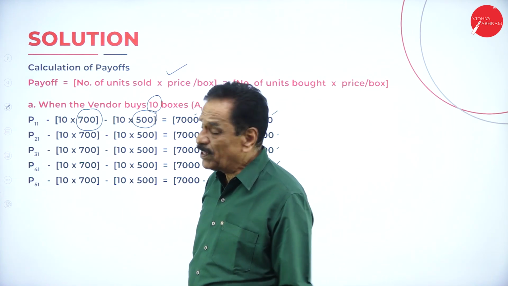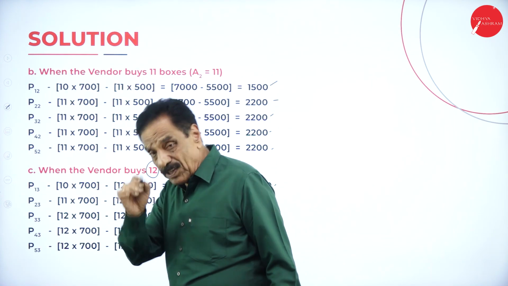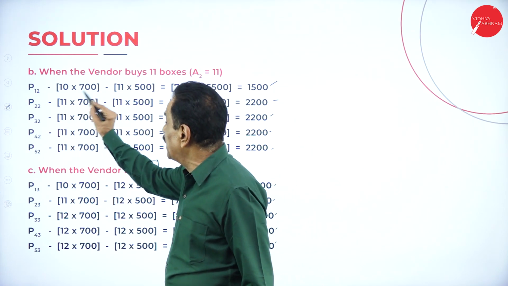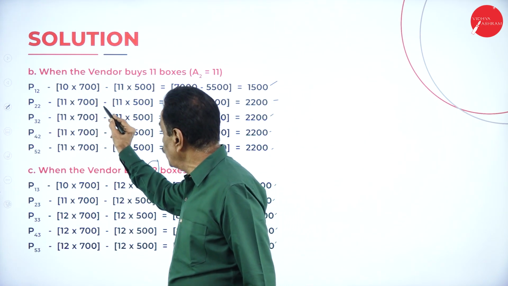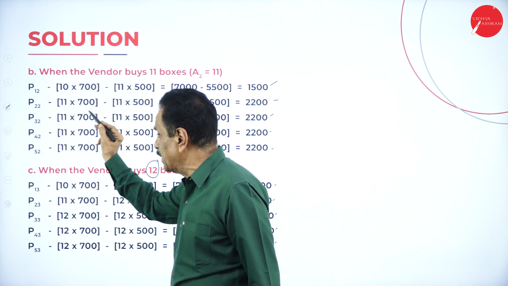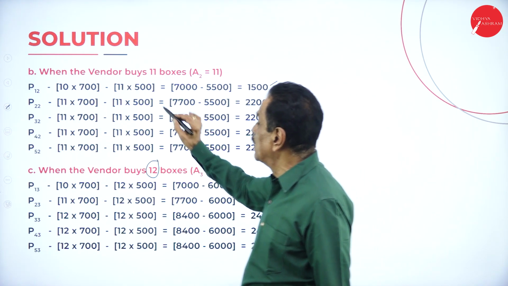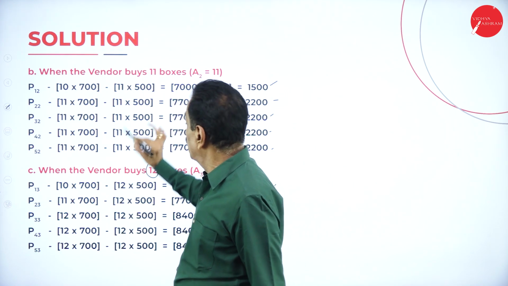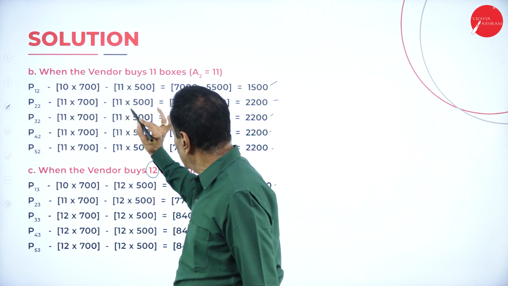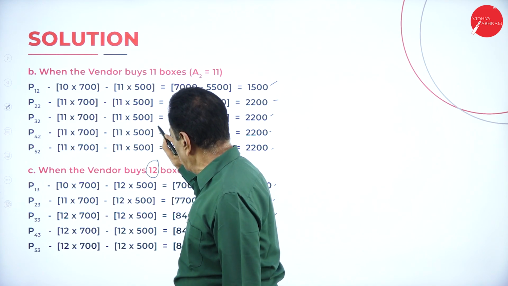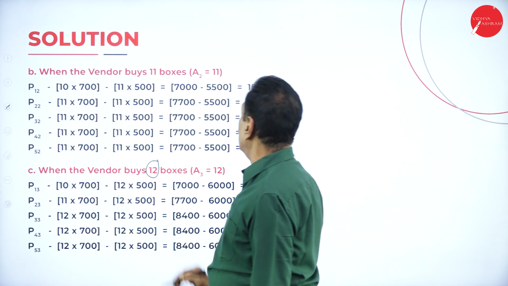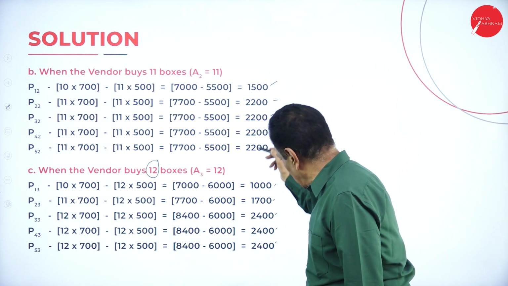Then when you go for 11 boxes, first you retain 10 into 700, then 11 into 700 for the rest. Here it is 11 into 500 for all. The answer will come like this.